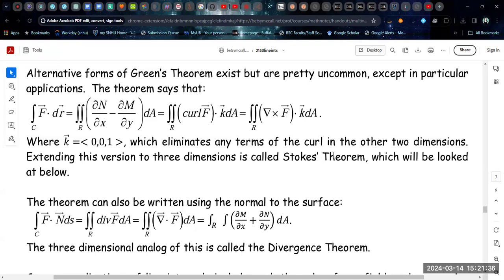But you'll see this curl function is sometimes used here. Part of that is because in 2 dimensions, the curl is just the k component if you have only things in x and y. The rest of the curl will be 0 if you're in 2 dimensions. And so you'll see this notation that is equivalent to this.